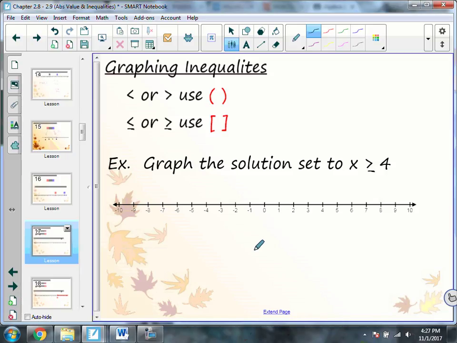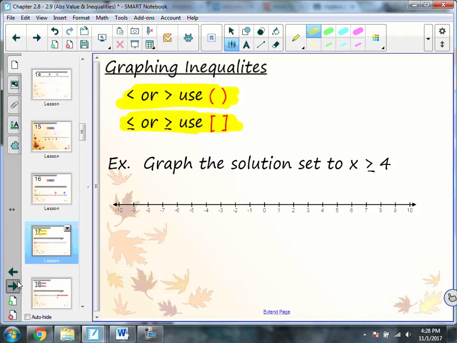Now, if we wanted to graph this solution set, x is greater than or equal to 4, we're going to shade all of the quantities where x is greater than or equal to 4. What we learned in chapter 1 is that for greater than or less than, we use the parentheses, and for less than or equal to or greater than or equal to, we use brackets. This is a main idea we want to remember: when to use the brackets and when to use the parentheses.